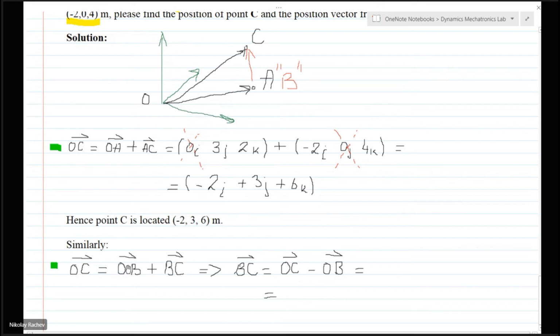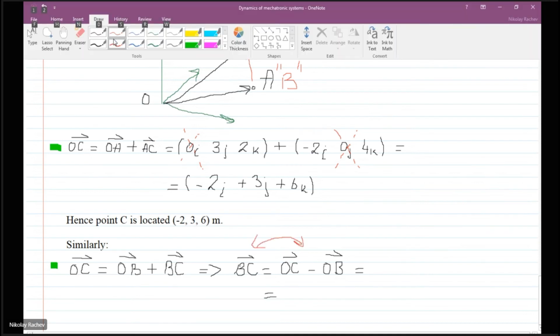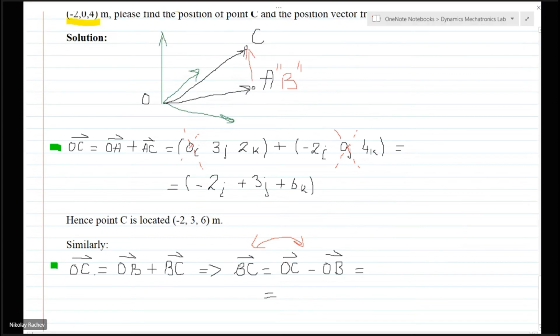OC, that goes to the left minus OB equals BC. These are just transferred to both sides, but it doesn't affect our solution. See? This one goes here with the minus sign. Okay? And this one will be on the other side of the equation. Okay.